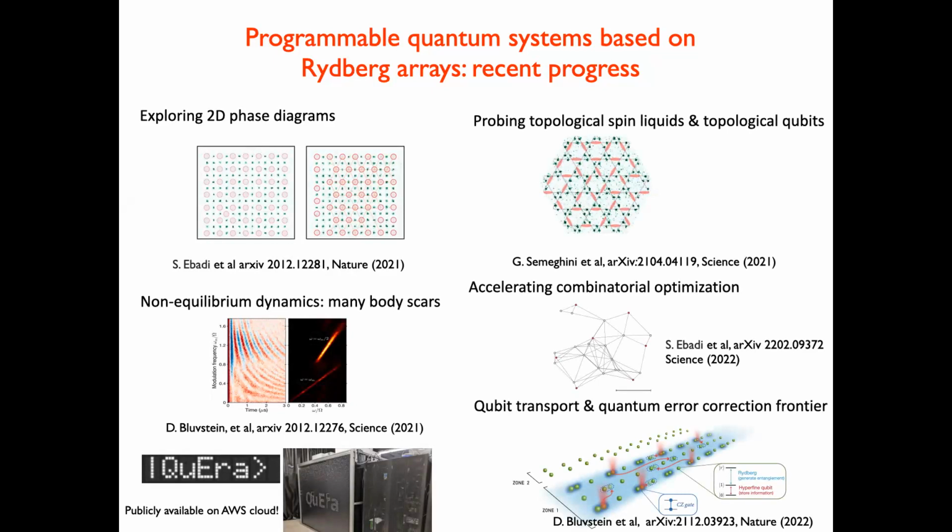But I will talk today about some of the more recent developments involving applying this kind of system to accelerate combinatorial optimization. In particular, I will focus on describing a new application of these ideas to a new frontier, which we sometimes call the quantum error correction frontier.